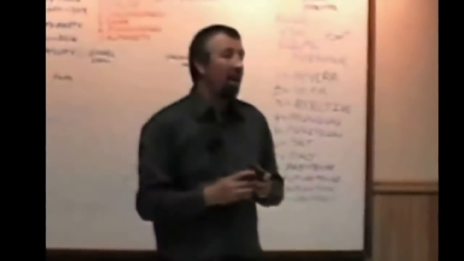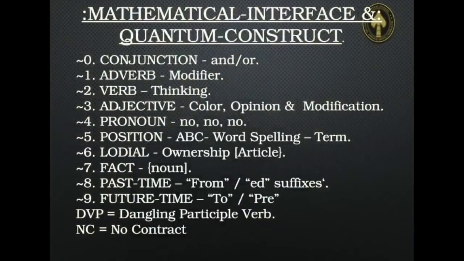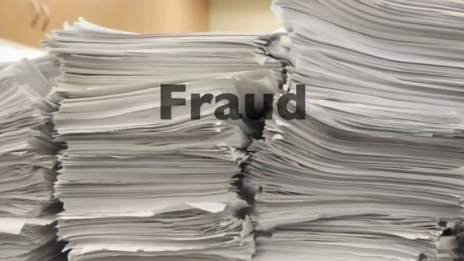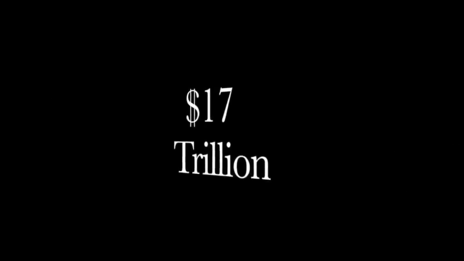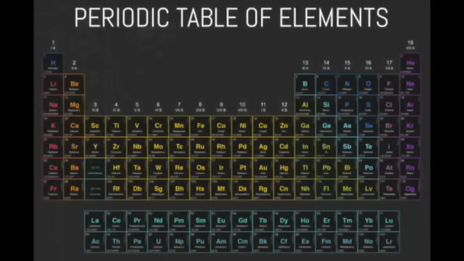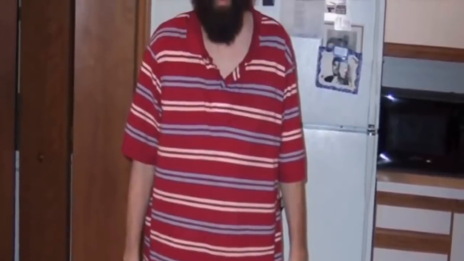He introduced a language called now-time quantum grammar. Then he used it to prove all previous legal and financial documents to be fraudulent. This saved the U.S. trillions of dollars in debt. He redesigned the periodic table of elements. His work was referred to as extraterrestrial technology and genius. As a reward for his efforts, he was arrested and tortured by the government that he saved.